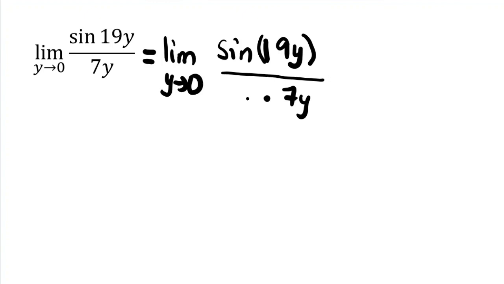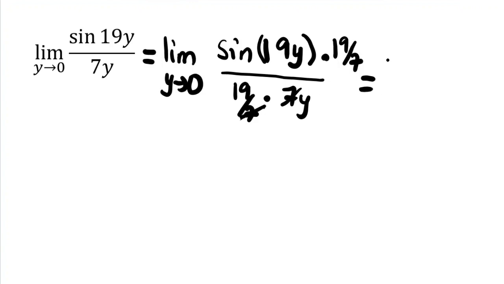What can I do to make it the same? I can multiply this by 19 over 7, right? So that 7 will cancel, and then we get 19y, which will look the same as this thing. But because we multiplied the denominator by a particular factor, we need to account for that by multiplying the numerator by that same factor. At the end of the day, this will cancel this at the denominator.